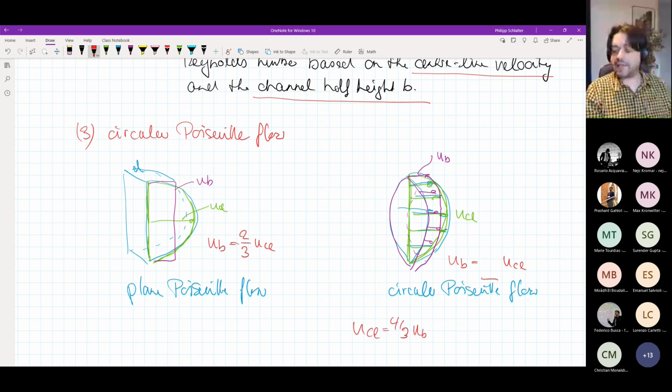So that means in the average, the center where the highest velocities are is less represented in the integral. So in order to get the same average, in this case UB, you actually would need to increase the velocity in the center to compensate for the fact that the geometry is changed a little bit.